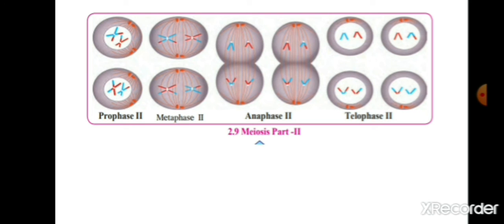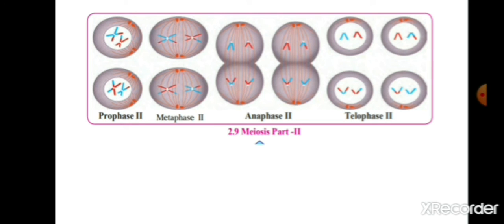Diakinesis, the last phase of prophase, is for termination of chiasmata. The spindle fibers originate and the crossover homologous chromosomes are now separated. The nucleolus disappears and the nuclear envelope breaks down.